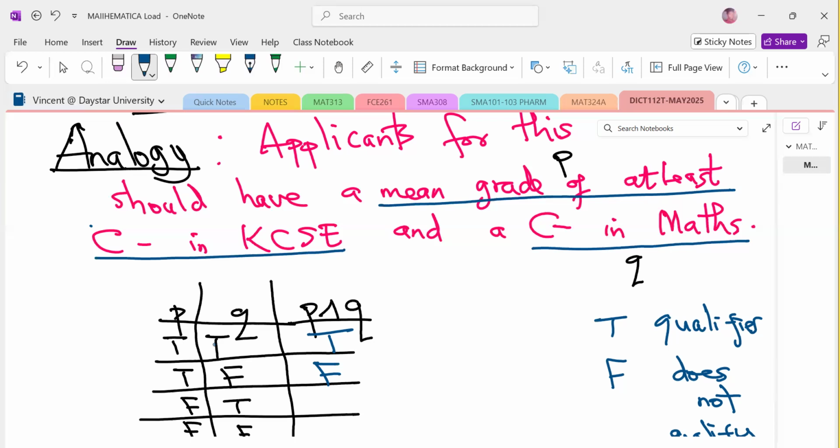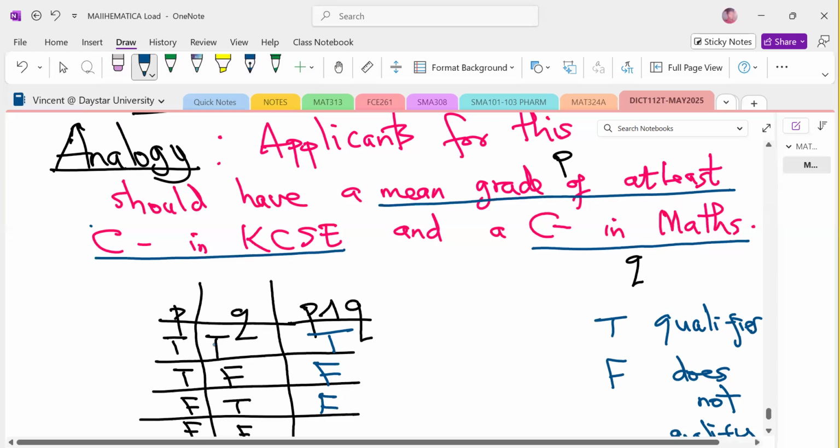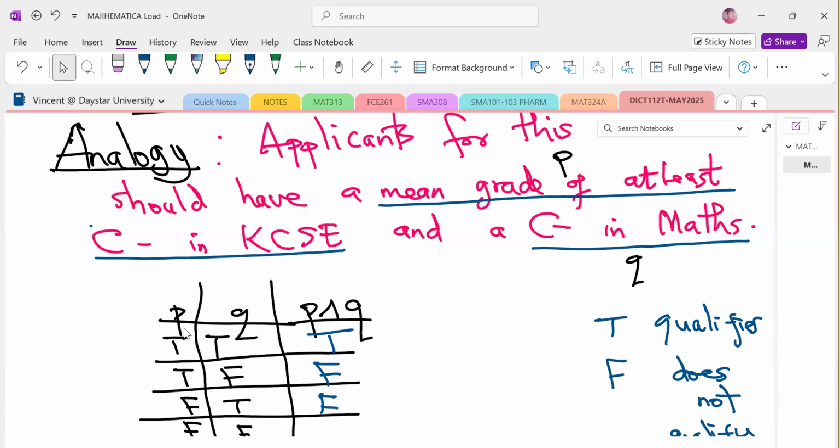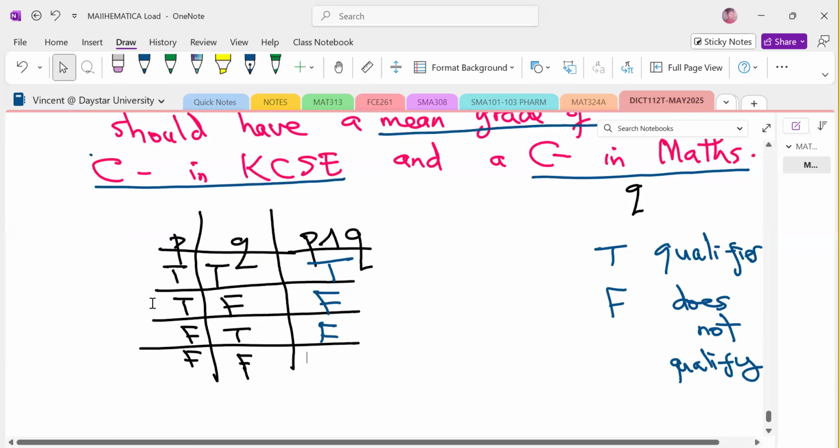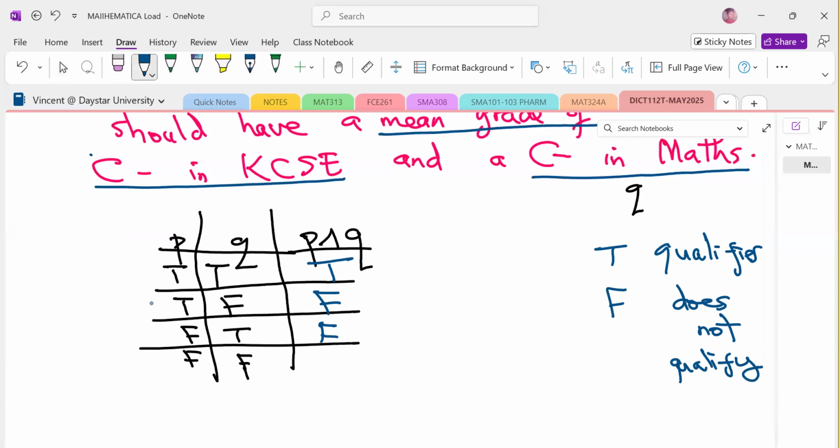So put here an F. Then what does the last line mean? Correct. Does such a student qualify for this course? No. So therefore you put here an F. So we did a complete truth table.